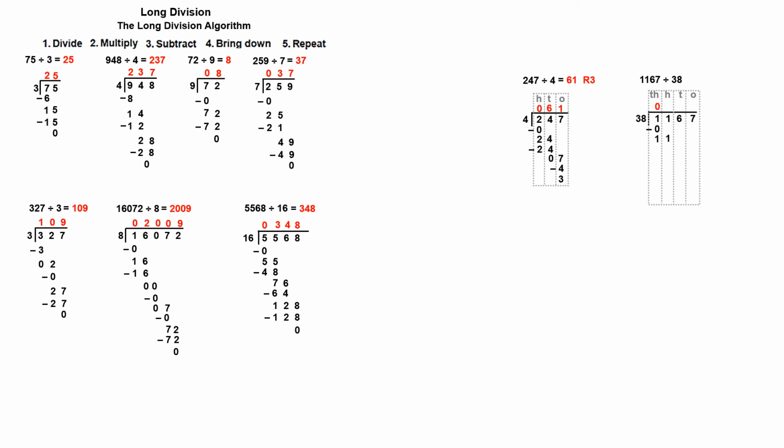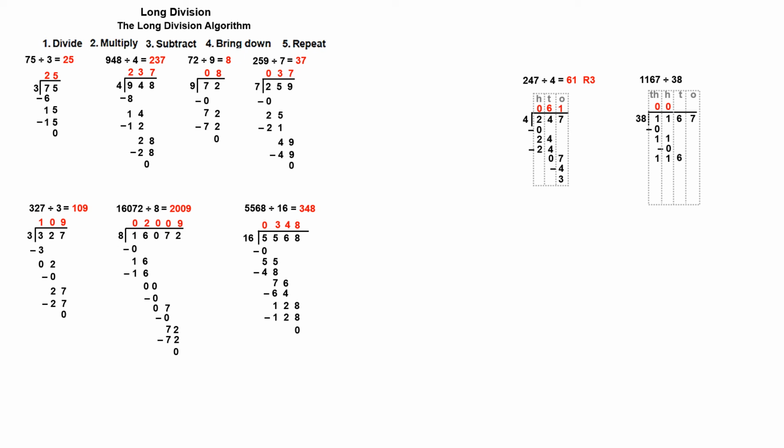38 does not go into 11. 1100s divided by 38 is less than 100. So we put 0 in the quotient in the hundreds place. Multiply 38 and 0. Then subtract 0 from 11 and bring 6 down. 116 tenths divided by 38 equals 3 tenths and some extra.